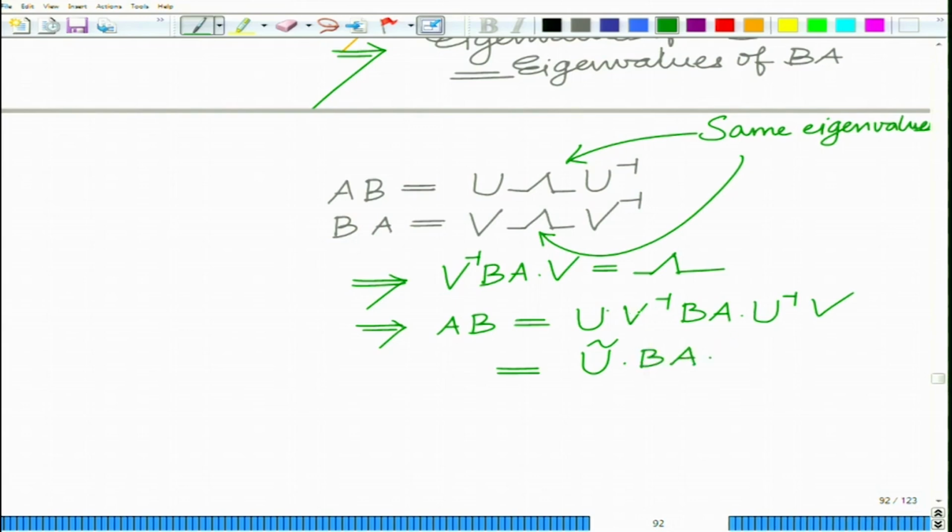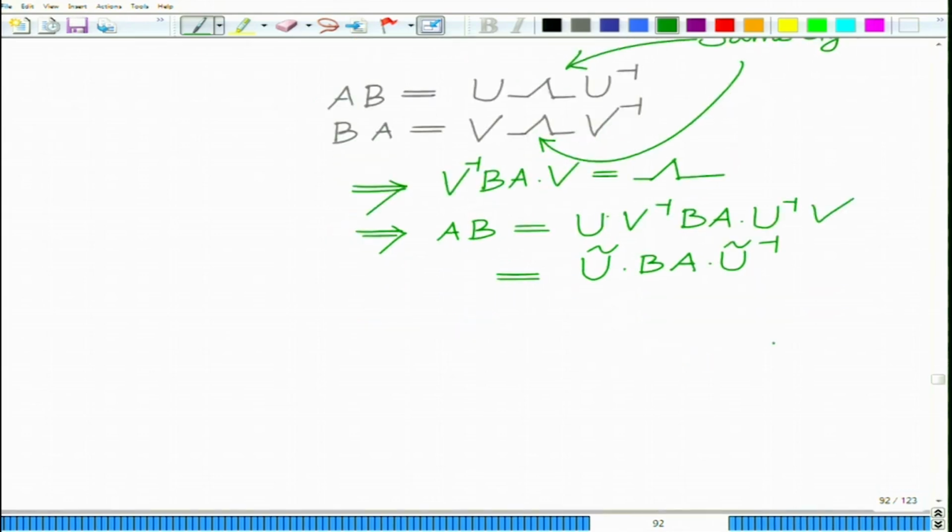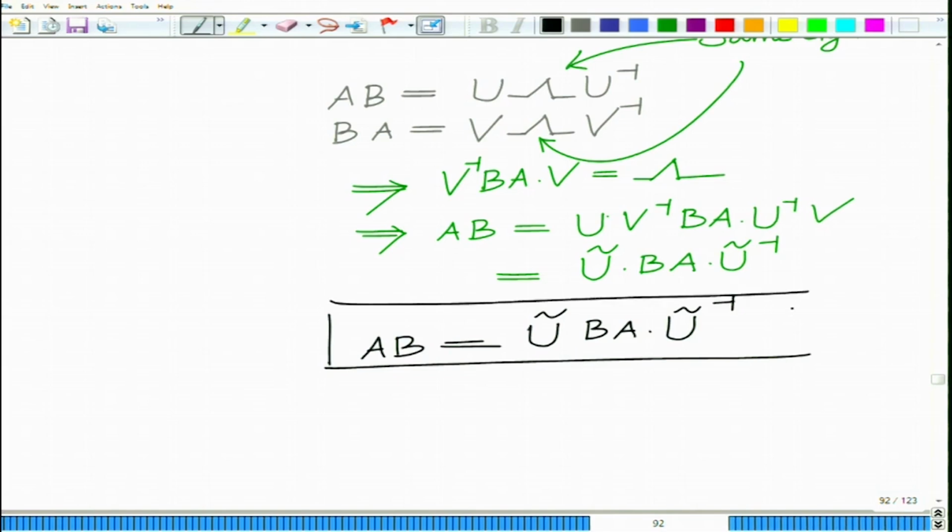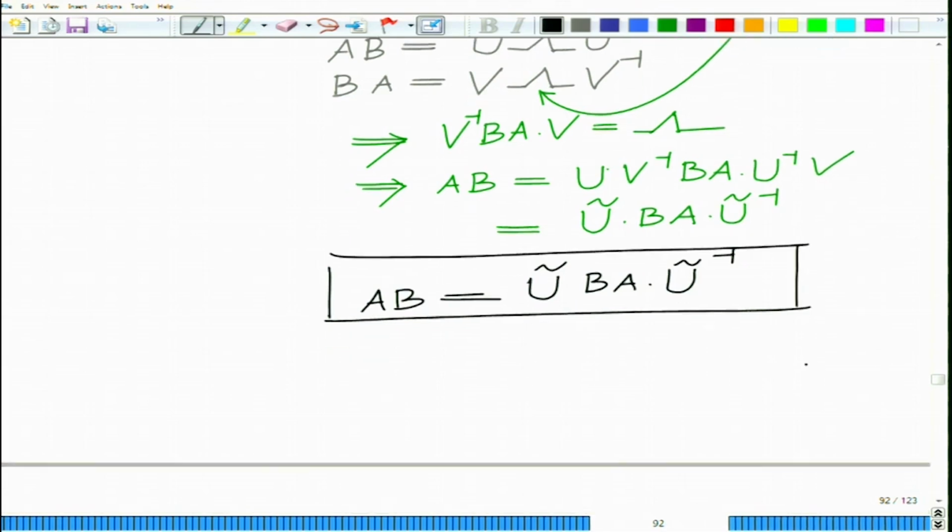Then V U inverse becomes U tilde inverse. So, I can write the matrix AB as U tilde times BA times U tilde inverse, such matrices are said to be similar matrices.